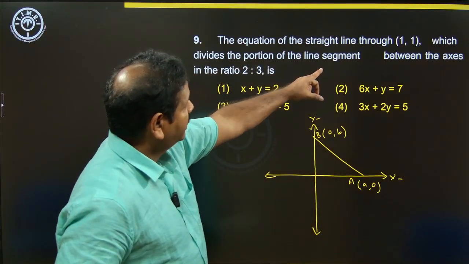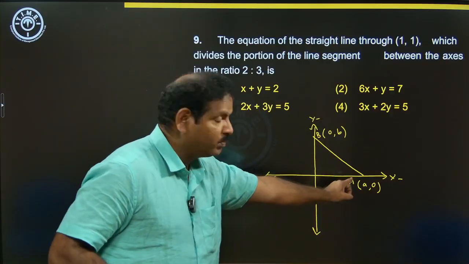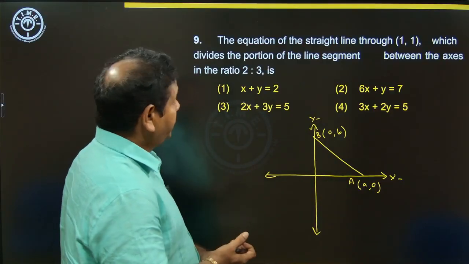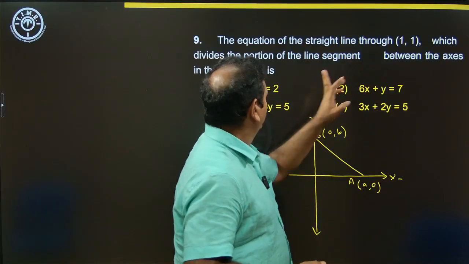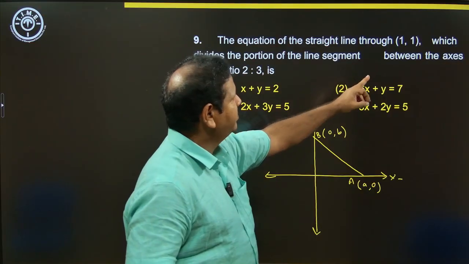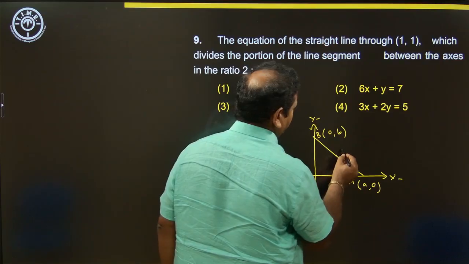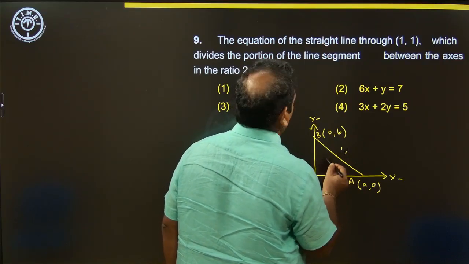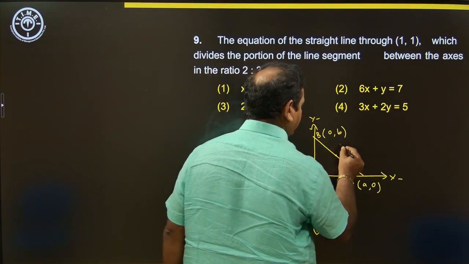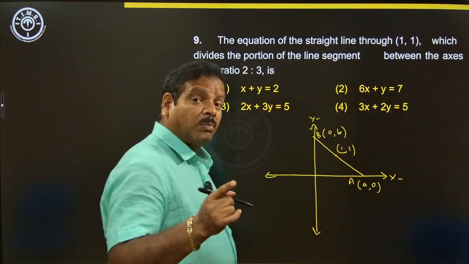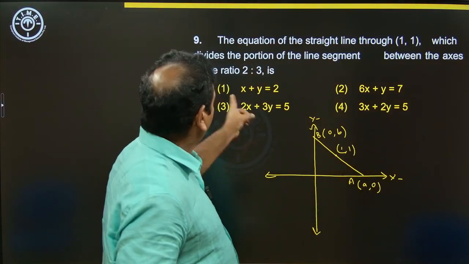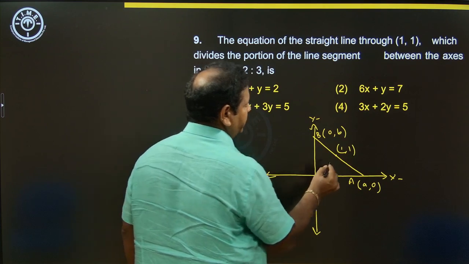The line is passing through 1 comma 1, and this point divides the portion of the line segment between the axes in the ratio. ఏ రేషియో డివైడ్ చేస్తుందని చెప్పాడు వాడు? 1:1 రేషియో డివైడ్ చేస్తుందంట. ఓకే, 1 comma 1 is a point. This is not 1:1. The point 1 comma 1 is dividing in the ratio of 2:3.